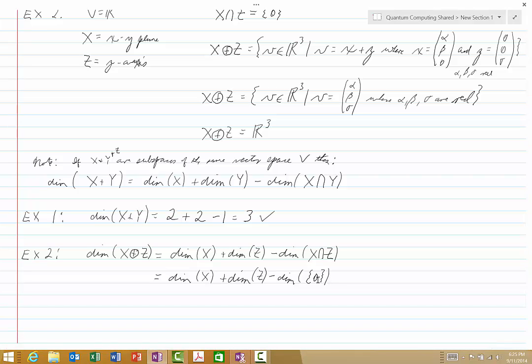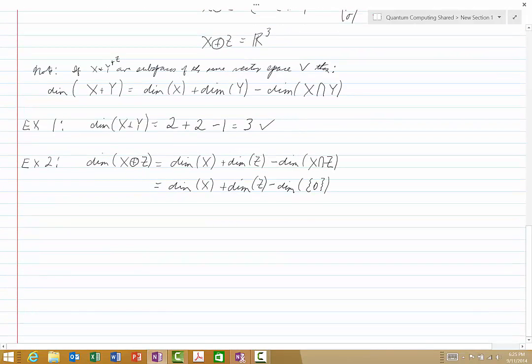But remember that the 0 vector can never be part of a basis, because the basis has to be linearly independent vectors. So the basis, in fact, is empty. The basis has no vectors in it at all, and therefore, since it has 0 vectors, the dimension of the vector space is 0.